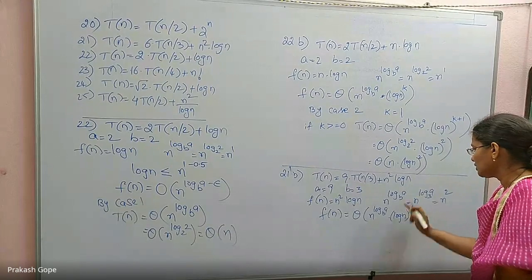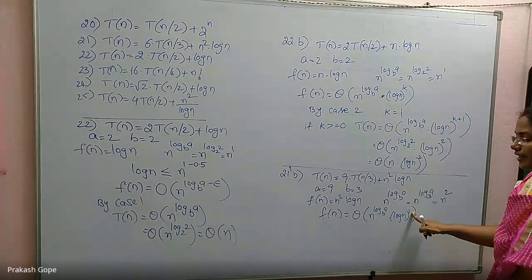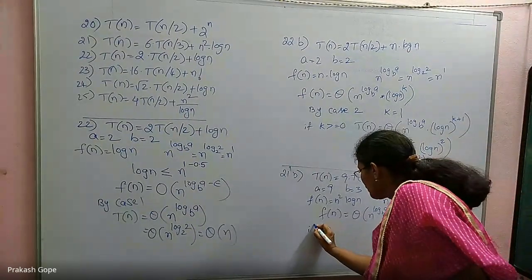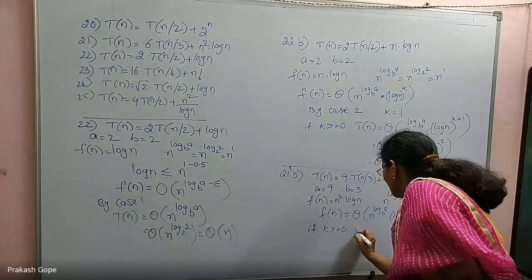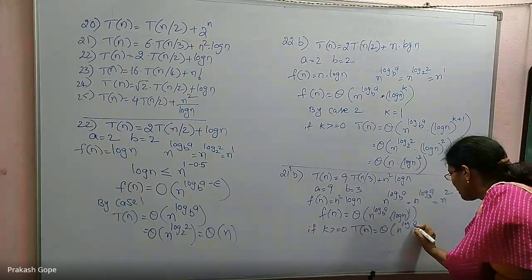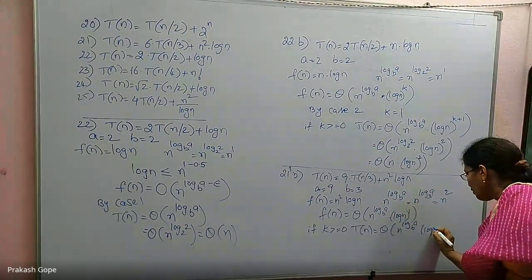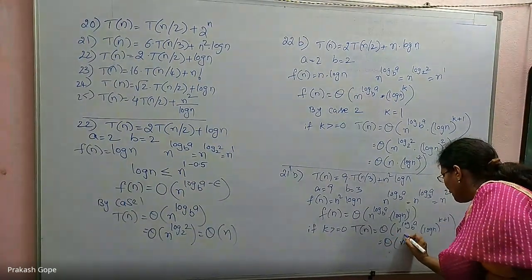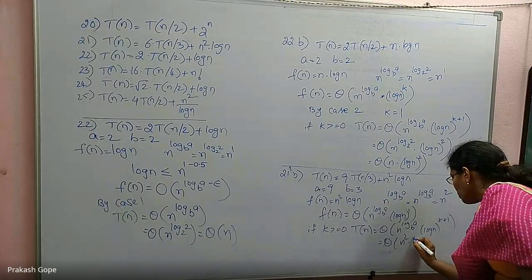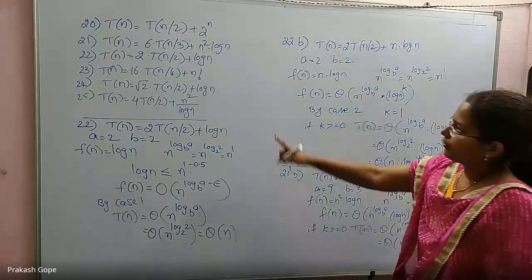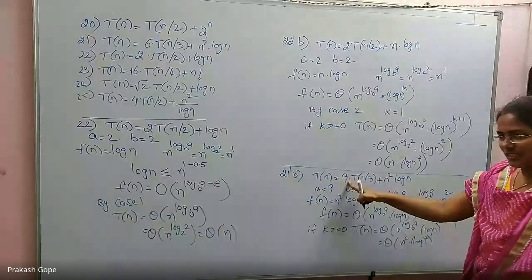It is in this format. K is equal to 1, which means k greater than or equal to 0. So if k is greater than or equal to 0, T(n) is equal to theta of n power log a to the base b into log n whole power k plus 1. So the answer will be theta of n square into log n whole square. This would have been the answer for 21 if it is 9.